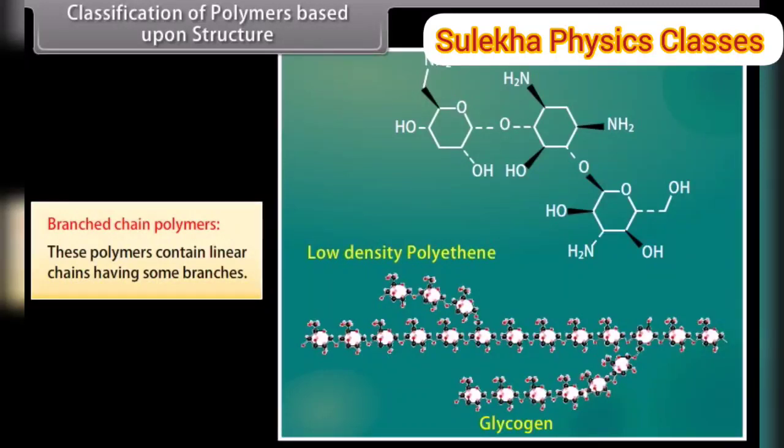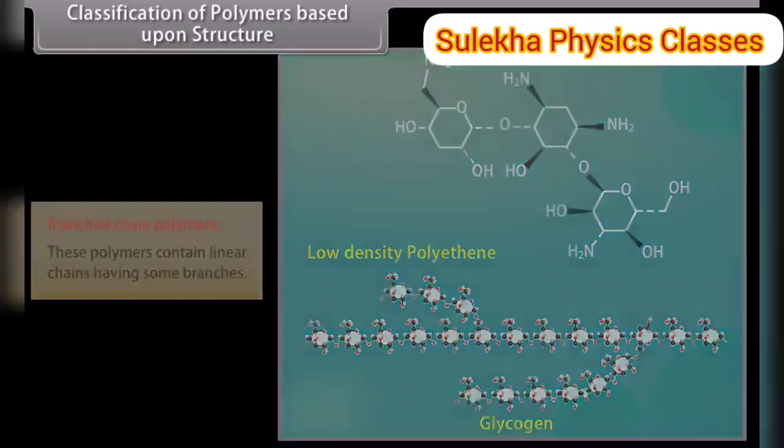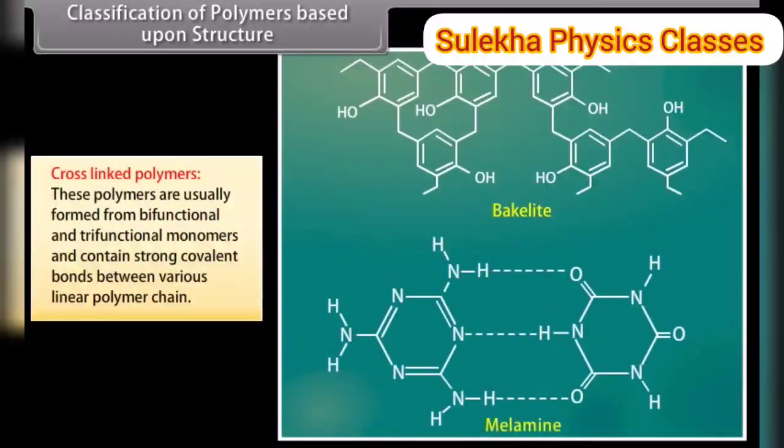For example, low-density polythene and glycogen. Cross-linked polymers. These polymers are usually formed from bifunctional and trifunctional monomers and contain strong covalent bonds between various linear polymer chains. For example, Bakelite and melamine.